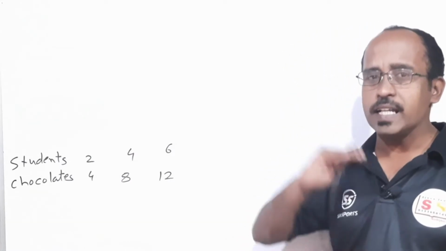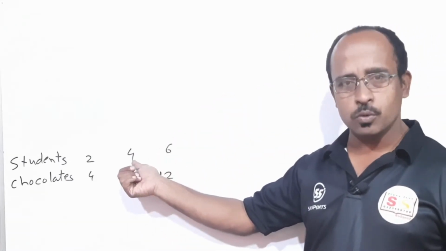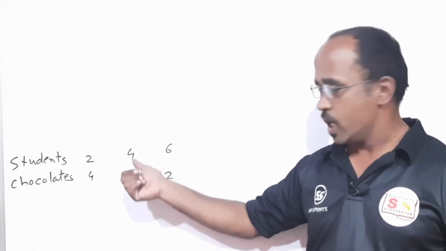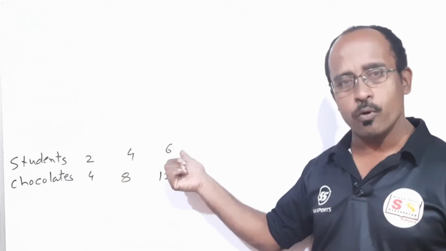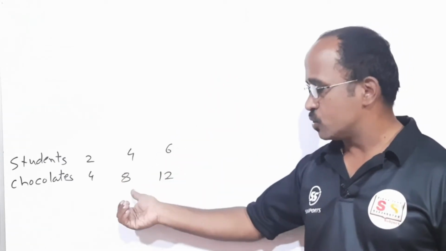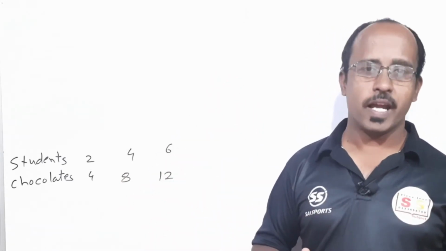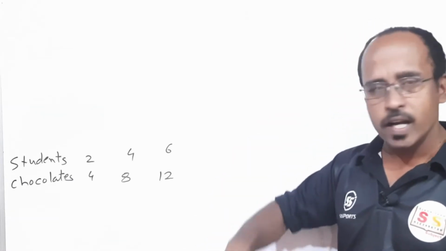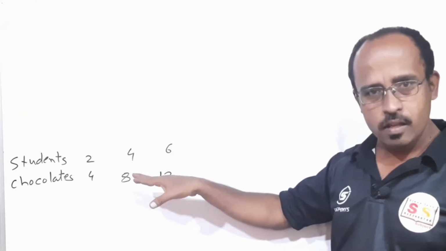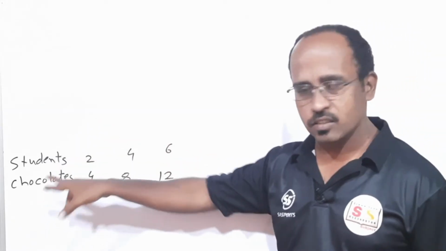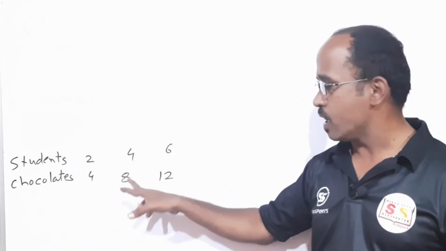And if one quantity is increasing, see, 4 students require 8 chocolates. If students increase from 4 to 6, chocolates also will increase from 8 to 12. Means if one quantity increases, another quantity also will increase. And if one quantity decreases, students were 4, they require 8 chocolates.